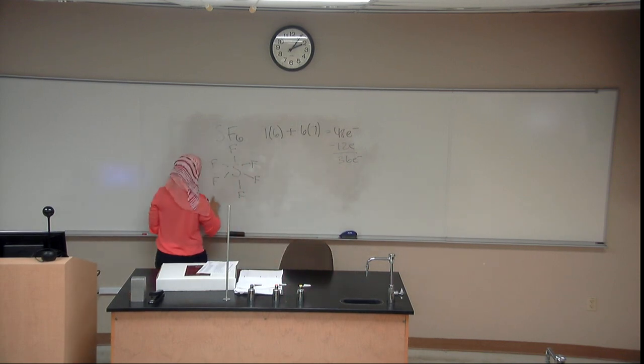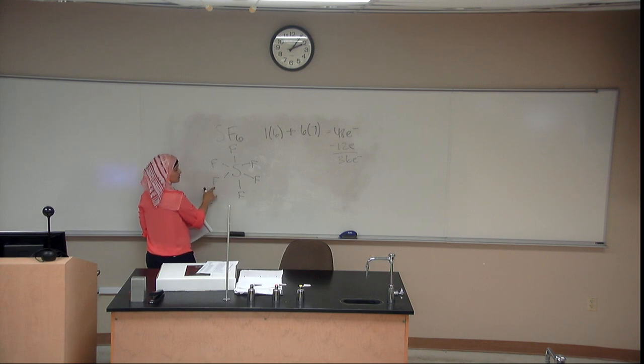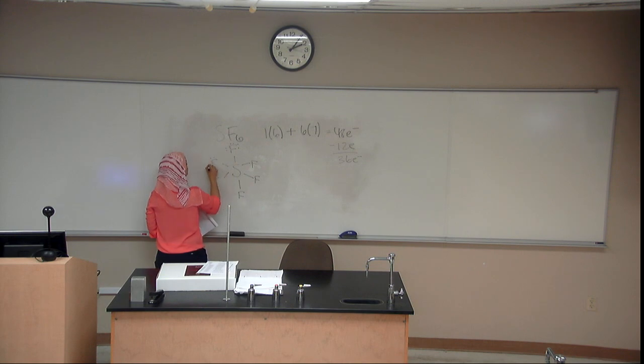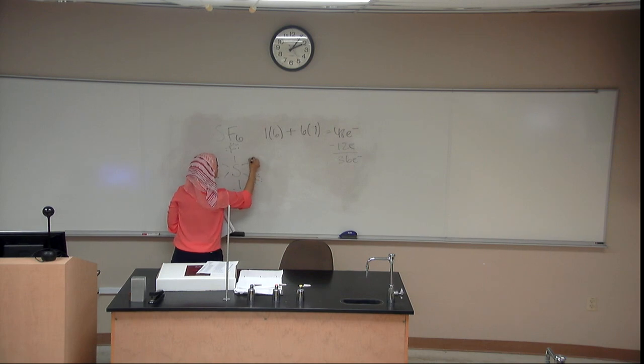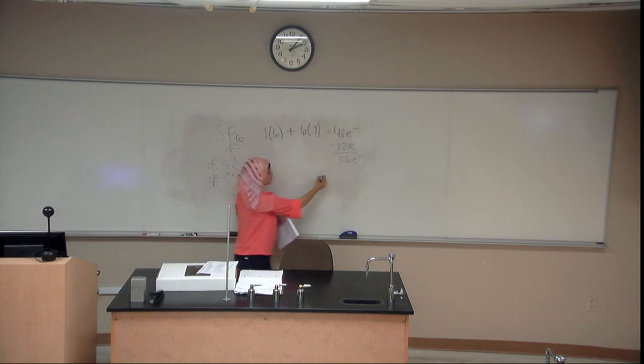I know I have 6 outside atoms, so each of them needs 6 more. 6 times 6 is 36. And so I've used everything up here.